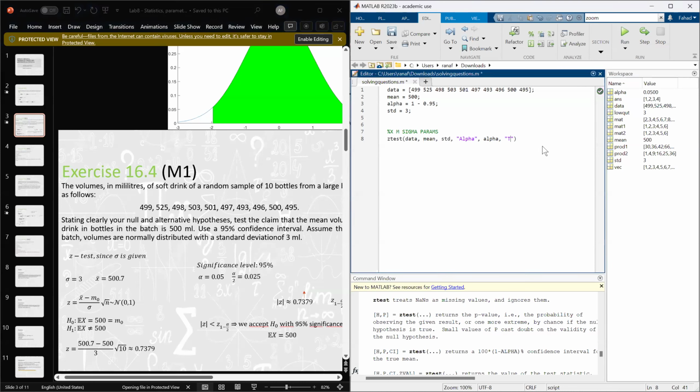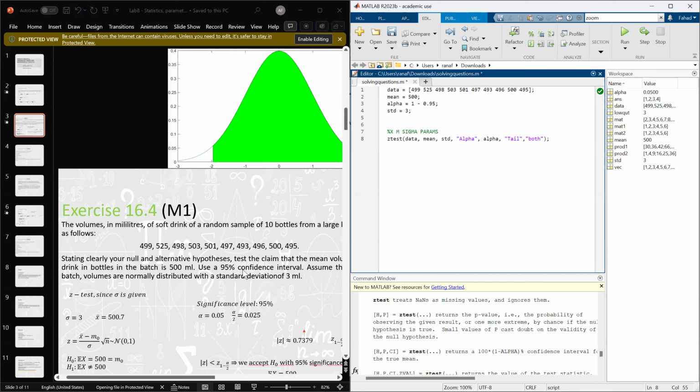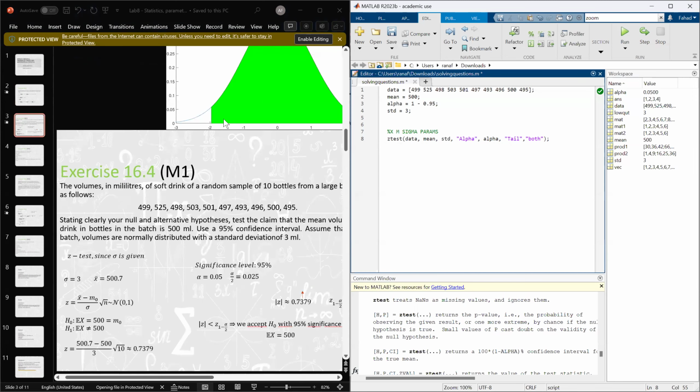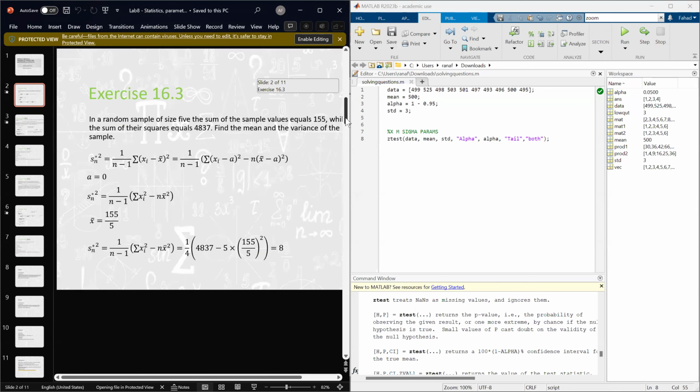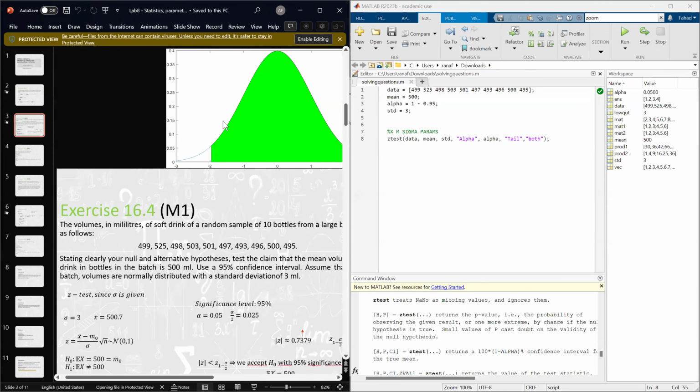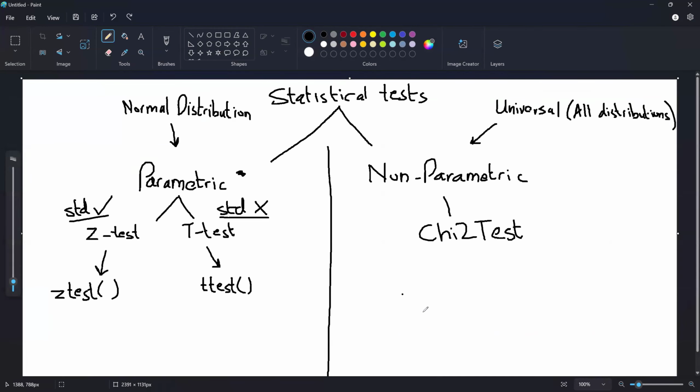Okay. Now to explain the concept of tail. So in this case, we actually have this graph here. This sucks. I'm just gonna go and explain it in Microsoft Paint. So suppose you have some data here.